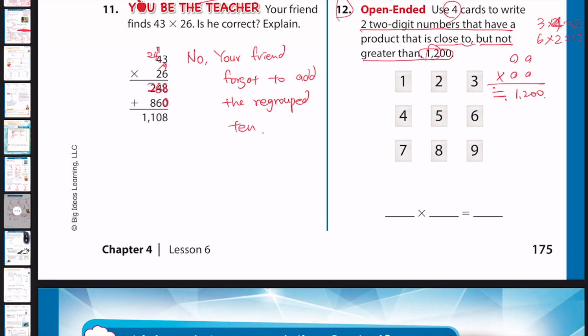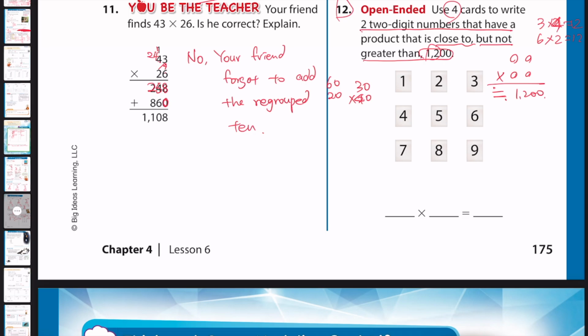Okay, so let's move on and see if my answer is reasonable. 30 times 40, or we can do what? 60 times 20. But since there is no 0, we cannot use 0.